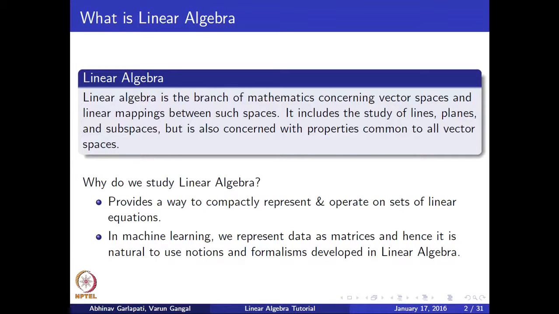The reason is that in machine learning we often represent our data as an n cross p matrix, where n is the number of data points and p is the number of features. So it's natural that we use notions and formalisms developed in linear algebra. Not just the data, even the parameters you use are represented as vectors. As a result, linear algebra has an important role to play in machine learning.